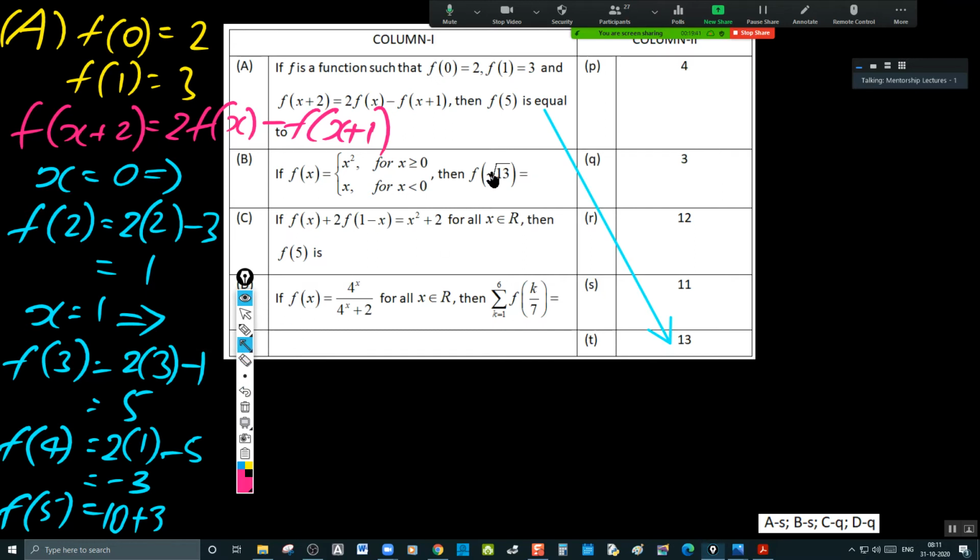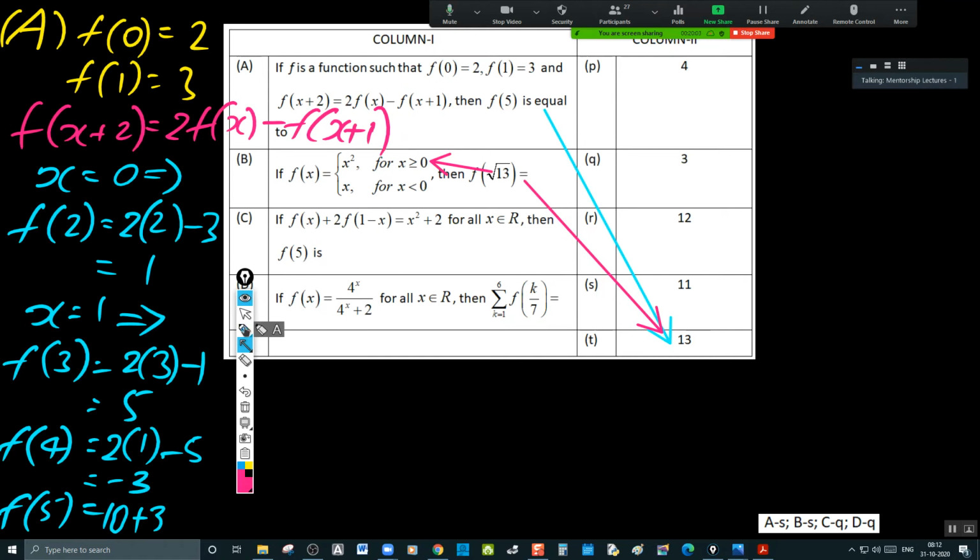Then it is 13. So the answer for that is 13. Same you're getting. B, it is 30.